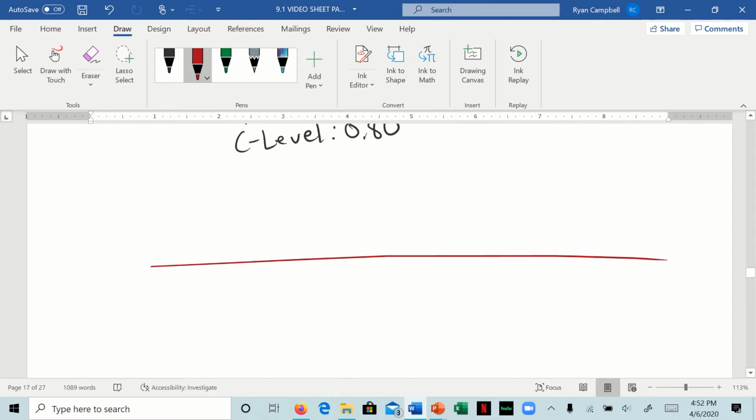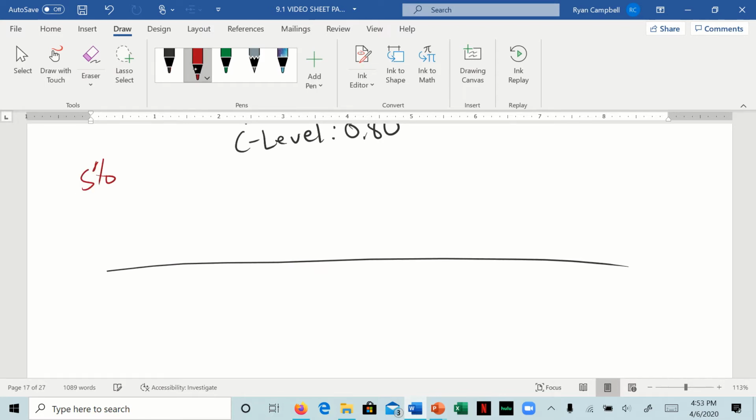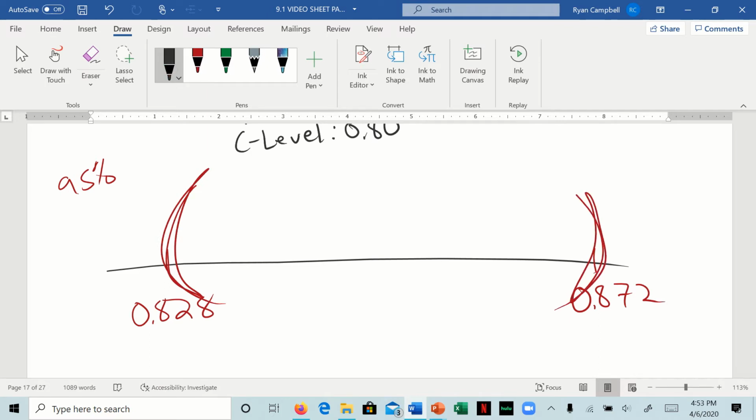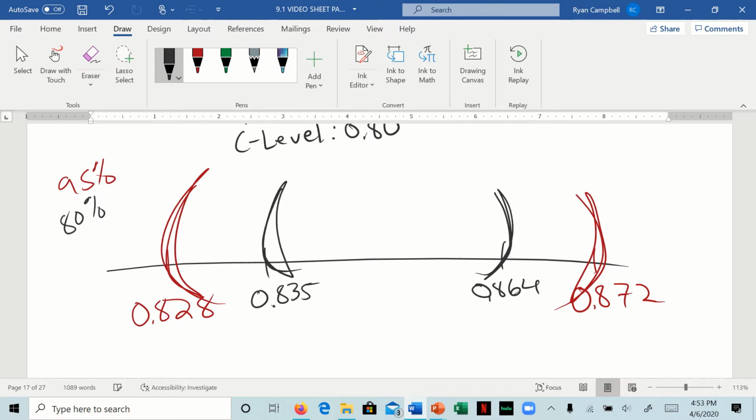Labeled on the chart, the 95% would be 0.828, 0.872, and the 80% would be 0.835 and 0.864. So less confidence narrowed our interval.